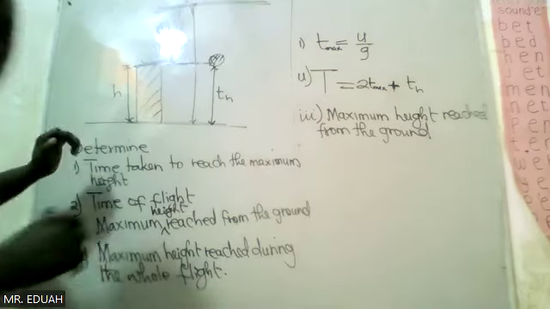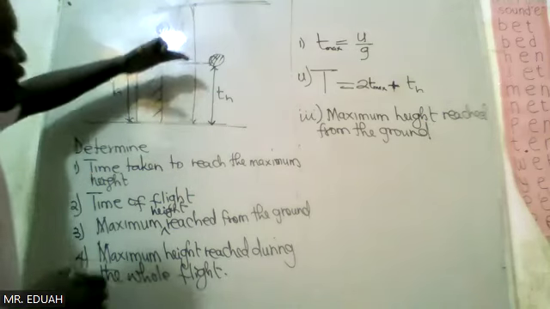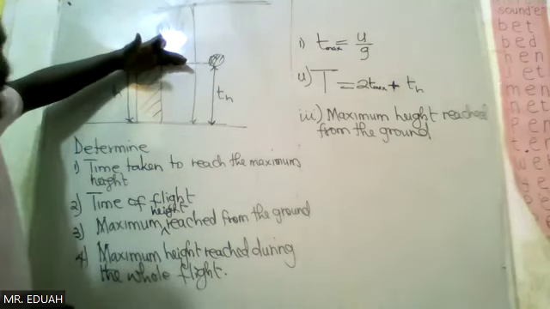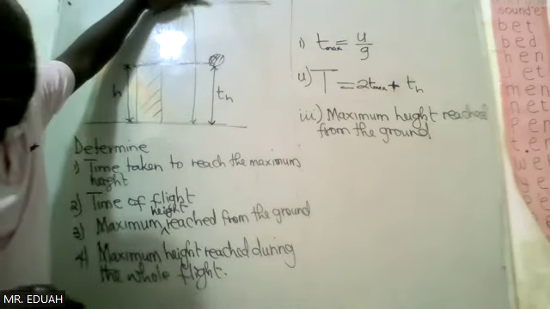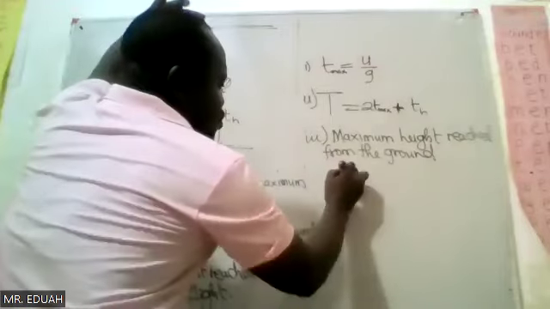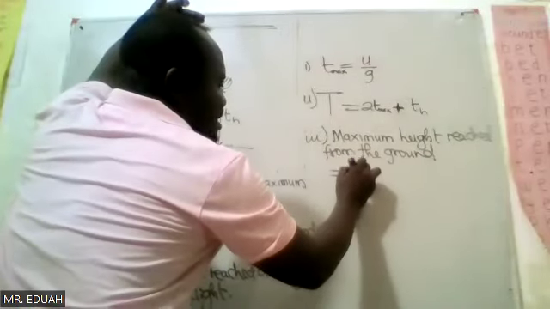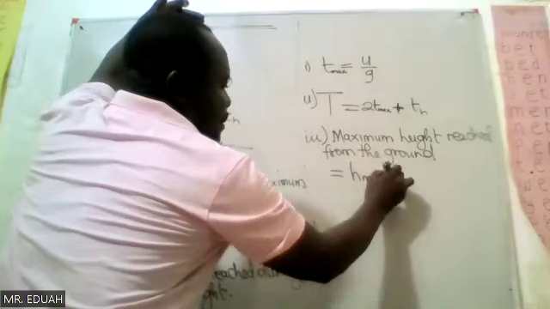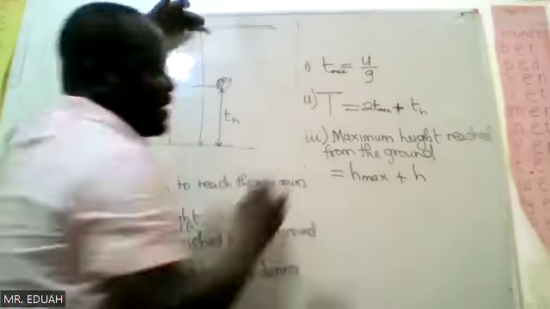will be equal to: the object is being thrown from here, and this is the maximum height. But we are taking our measurement from the ground. So this will be equal to H max plus the height of the tower.